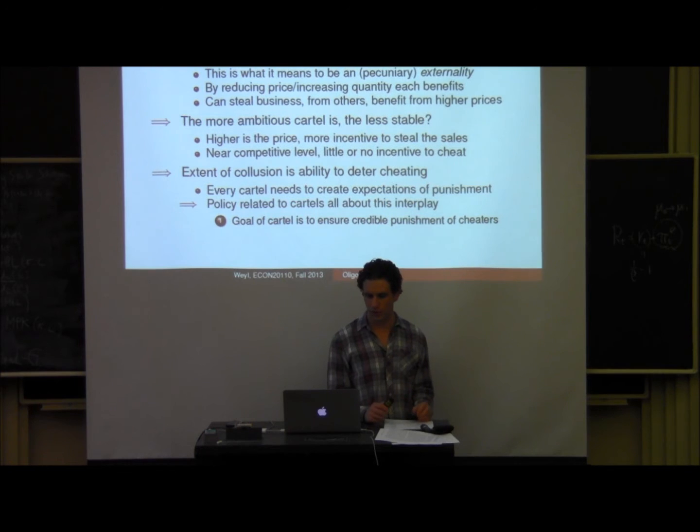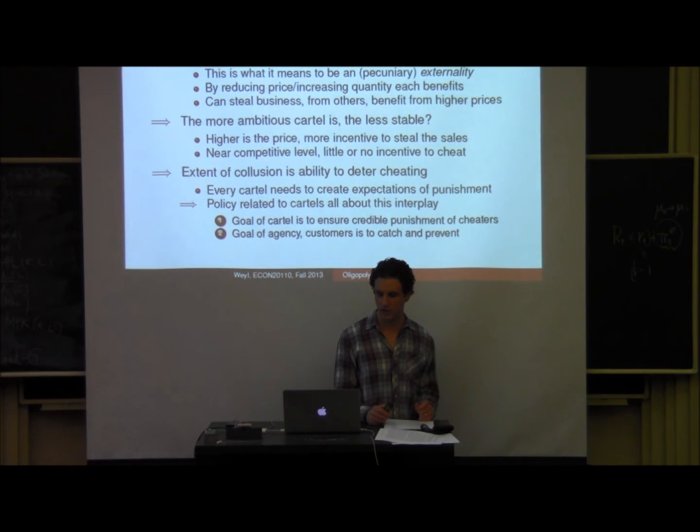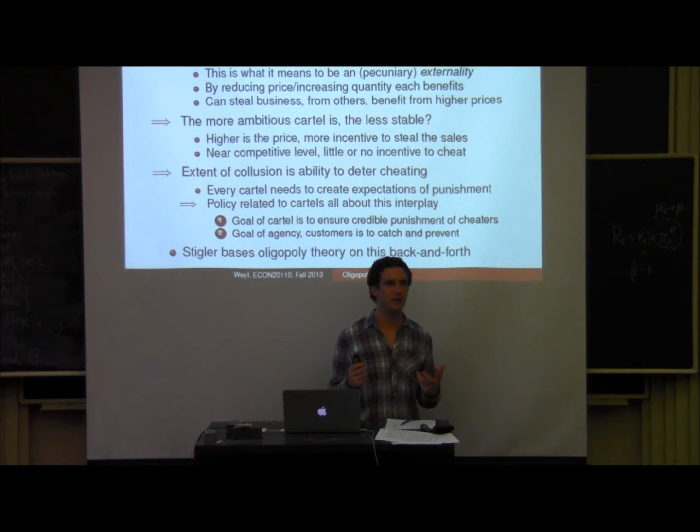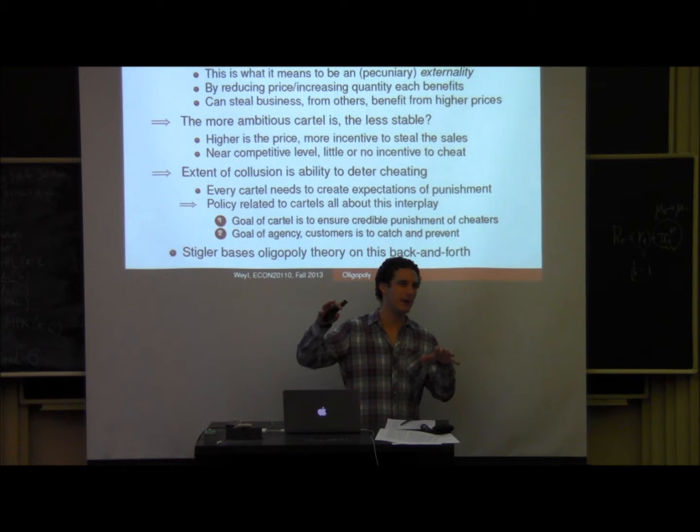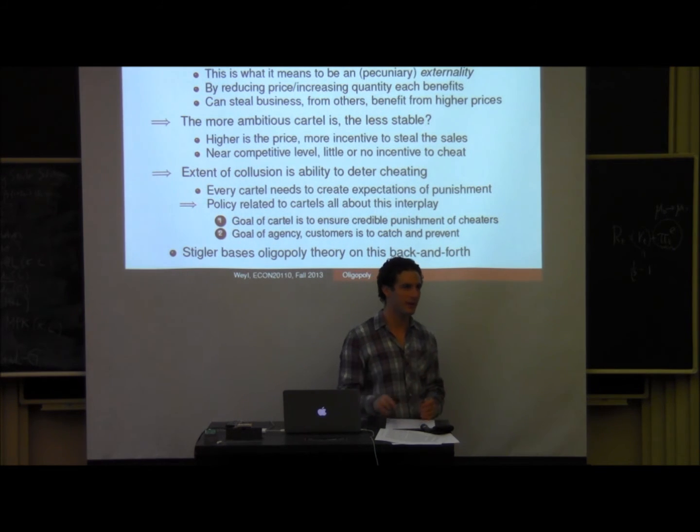So the goal of the cartel is to ensure that there exist credible punishments of cheaters, whereas the goal of the agency is to catch the cartel and prevent them from creating an expectation of credible punishments. And Stigler's theory is basically about this multi-level cat and mouse game, where the cartel is trying to catch cheaters and the government is trying to catch the cartel and stop them from catching their cheaters, so that the cartel will fall apart.